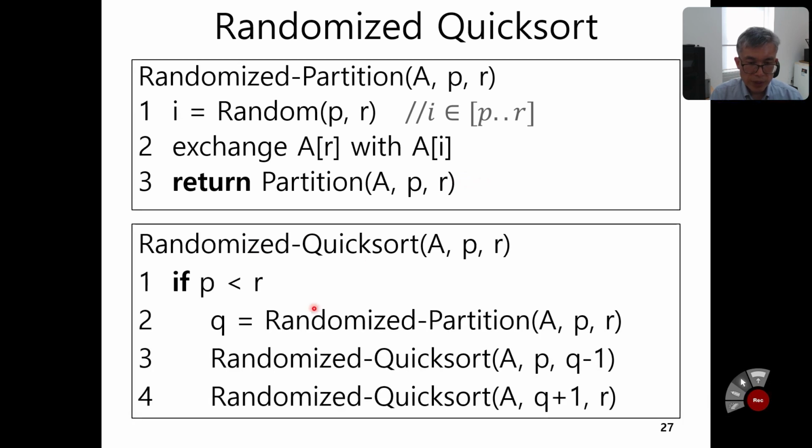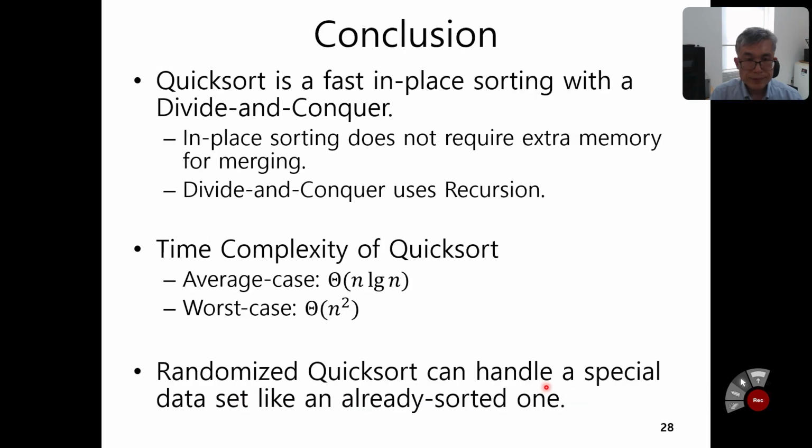In randomized quicksort, this randomized partition is called, and then we call randomized quicksort recursively on the left half and randomized quicksort on the right half.